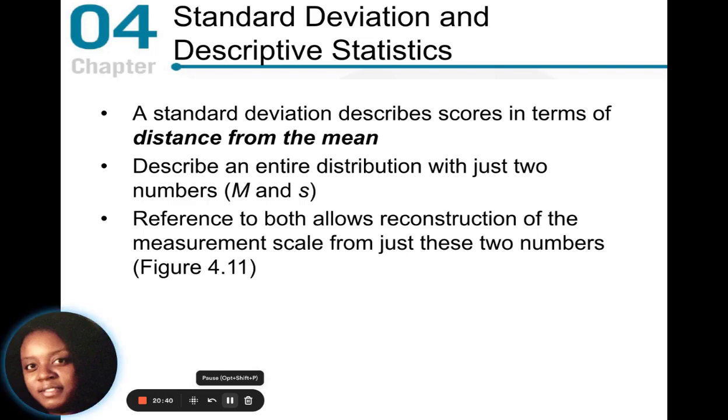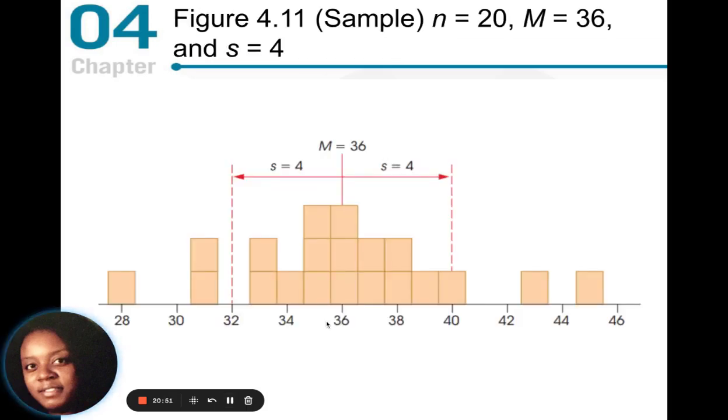And it'll give us a reference to both, which allows reconstruction of the measurement scale from just these two numbers. We can see that represented in figure 4.11, which is where we have a sample of 20 scores with a mean of 36 and a standard deviation of 4.